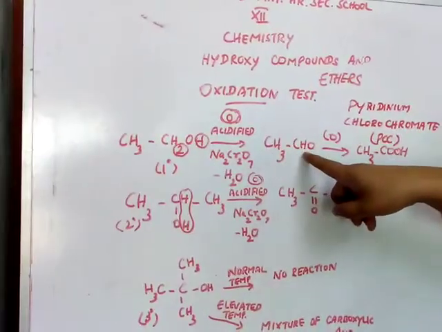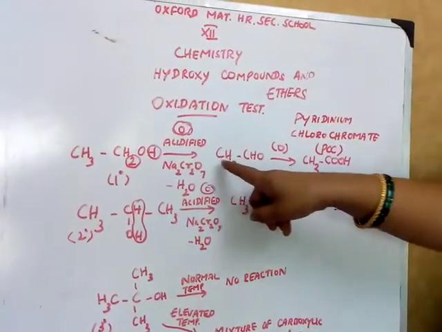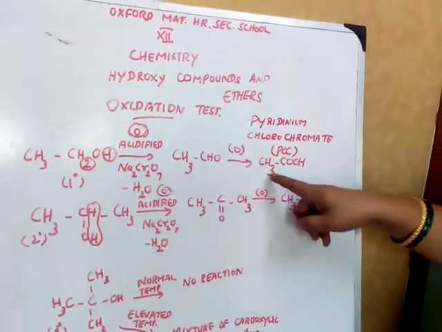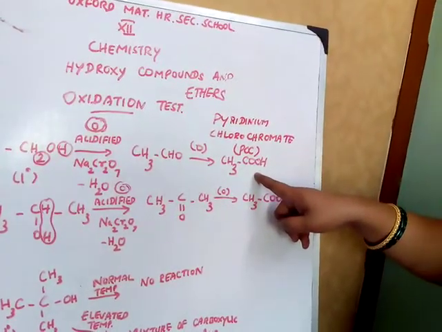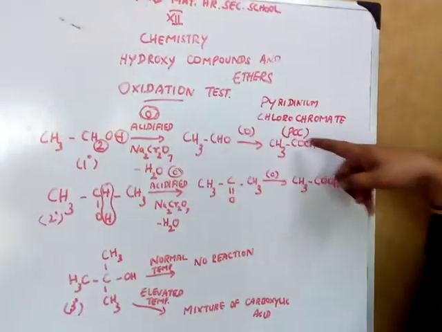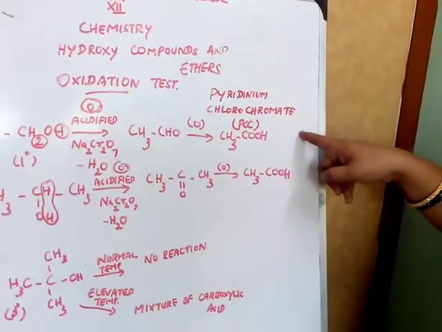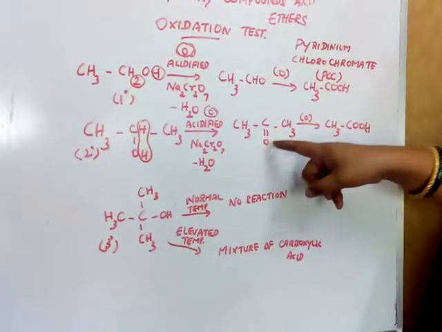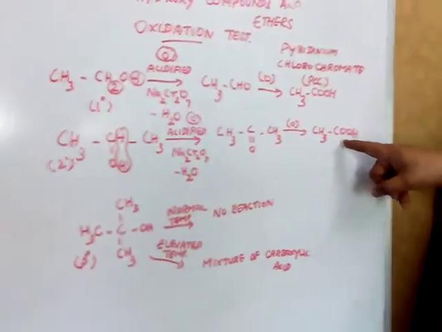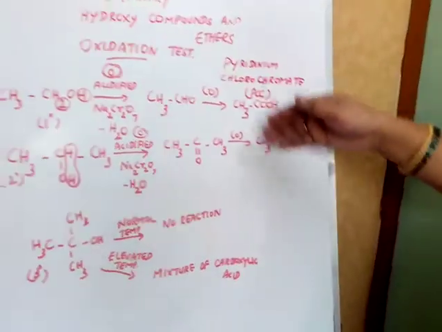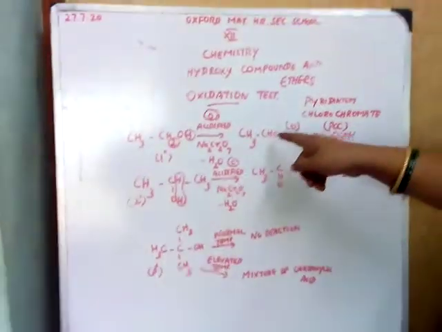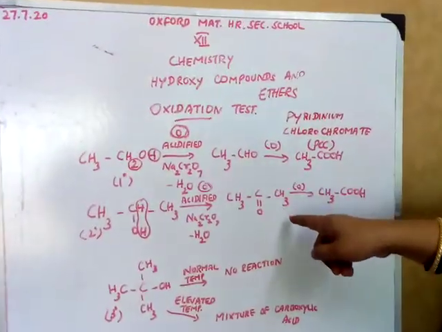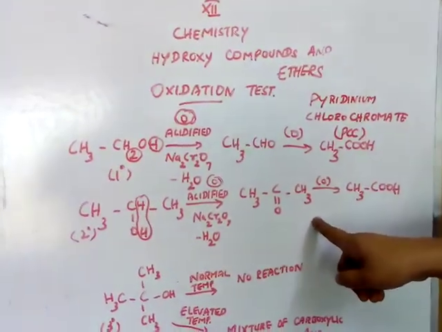Here, when we compare the number of carbon atoms, it is two carbon atoms, and here also the same two carbon atoms. Whereas in the case of secondary alcohol, 3 carbon atoms, here it is 2 carbon atoms. So this is the basic difference. You are going to study this in detail in the biomolecules unit.